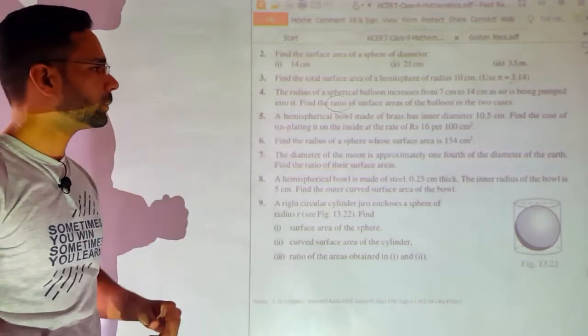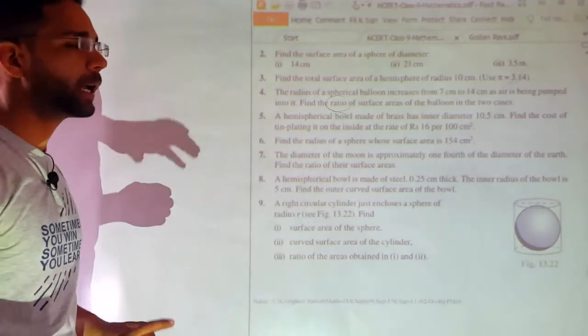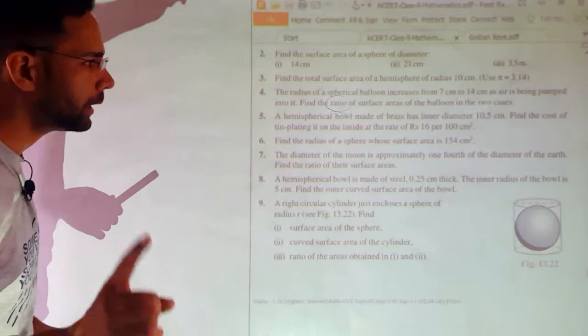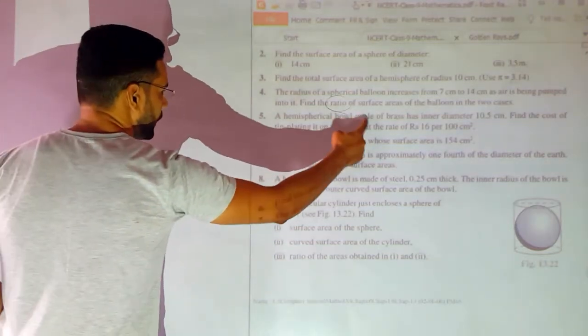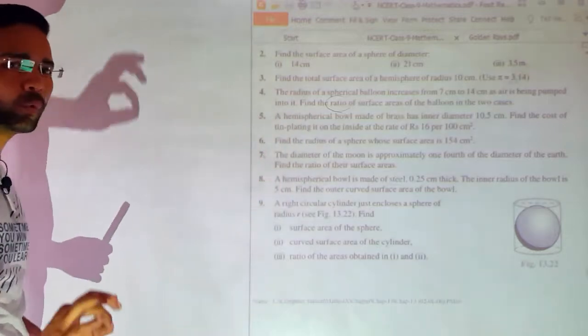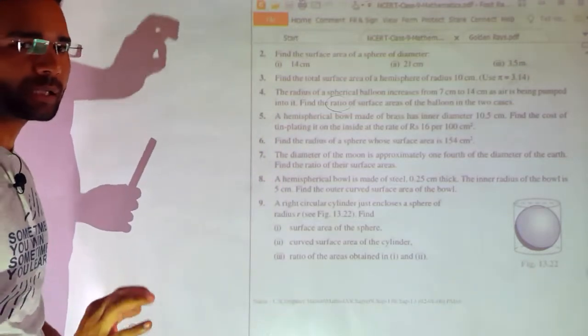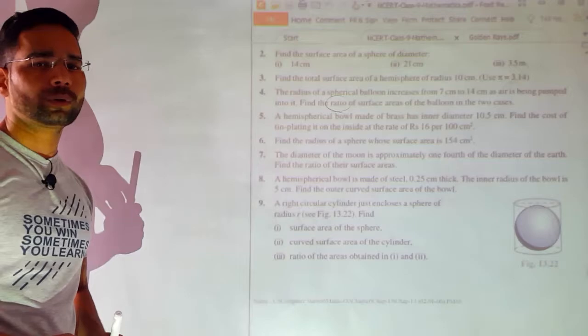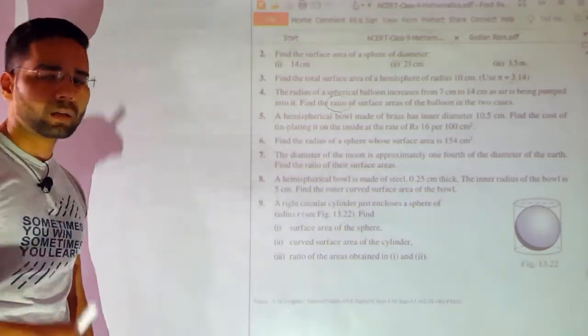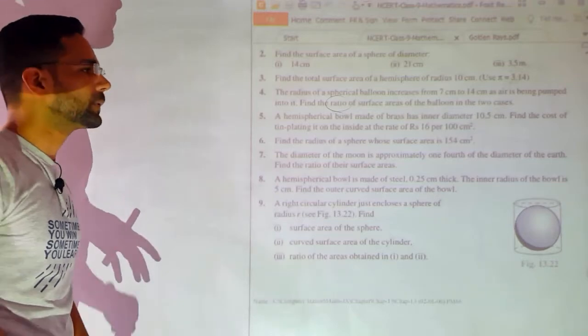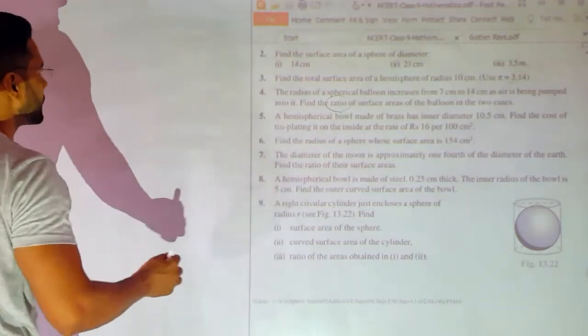The hemisphere bowl has inner diameter 10.5, and plating is on the inside. So you have to calculate not the total surface area, only and only the inner, meaning only the CSA, curved surface area of the hemisphere.